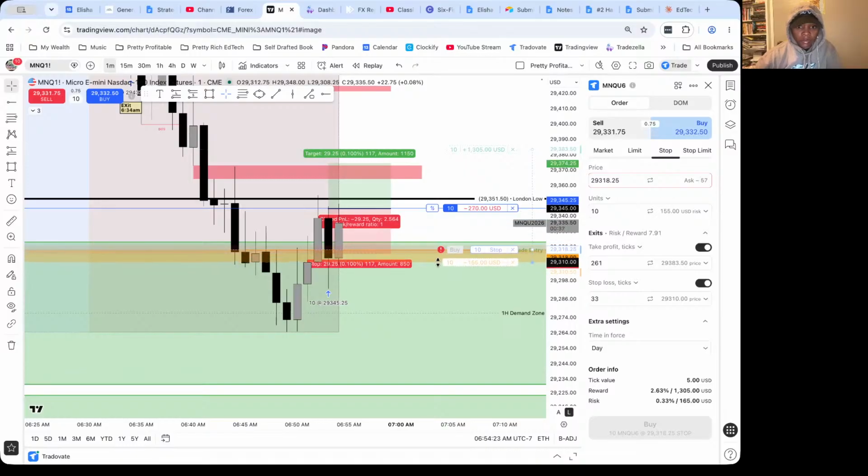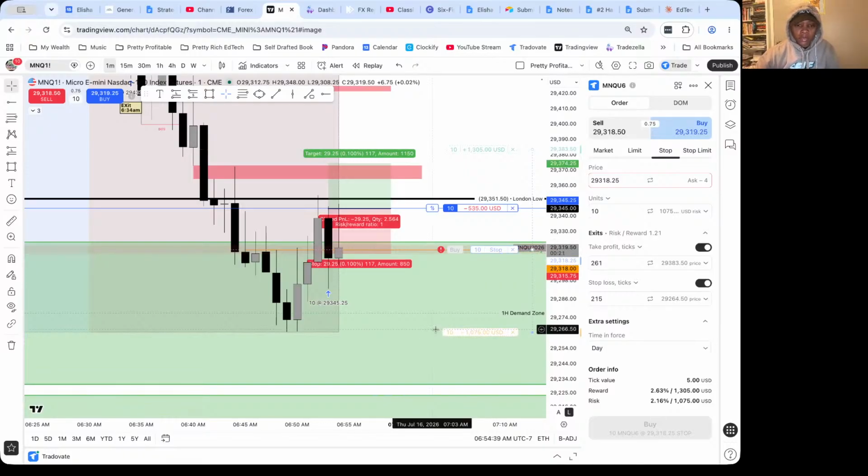But you see how it's going below it though? I don't know if it's because it's paper trading or what. But moving the stop loss up to break even and all that, it's like okay, but it's not working on here.